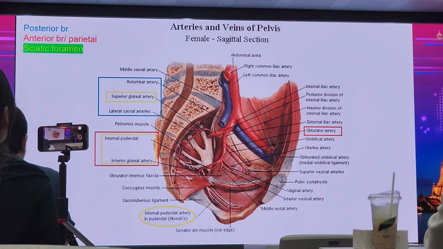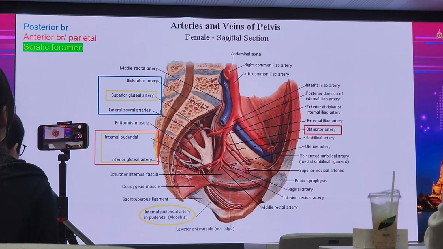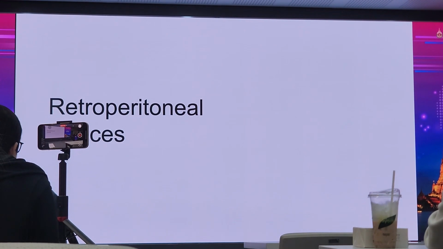And for the internal iliac artery, the posterior branch would feed the gluteus muscles, and the anterior branch would give branches to the pelvic visceral organs. So that was the vessel system.